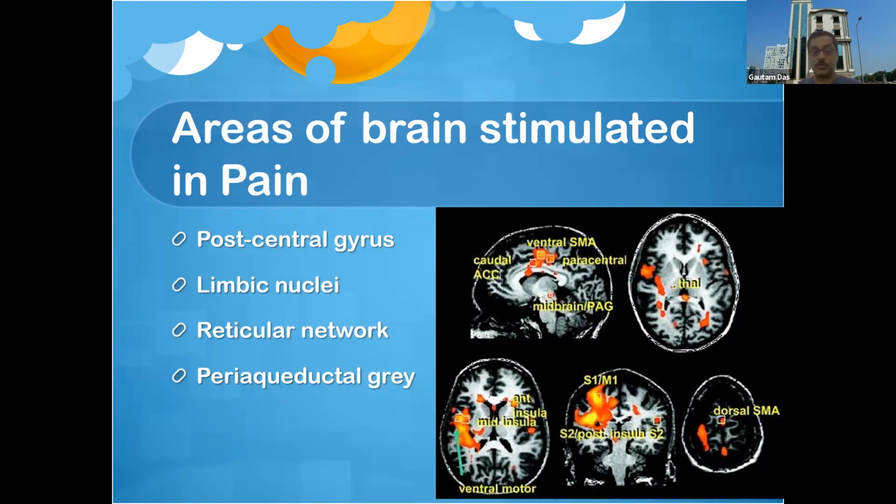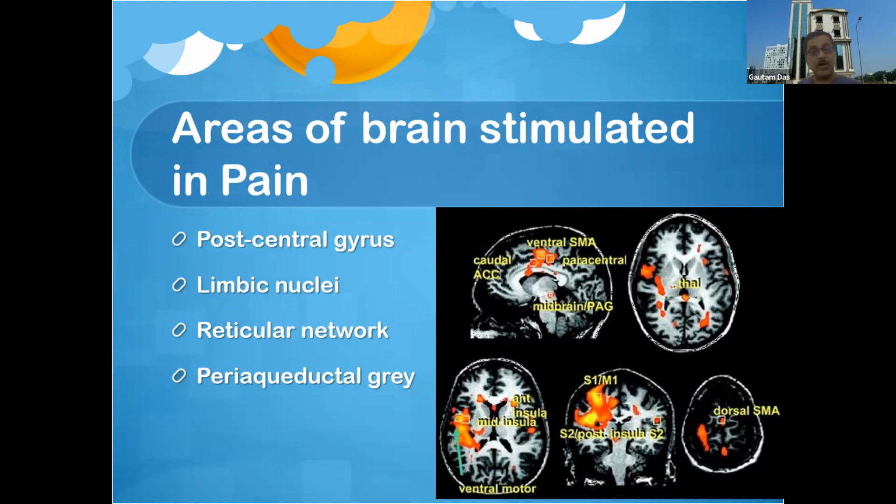But this is not the end of the story. There are two other important areas which are also receiving signals. One of them is the reticular formation. Just remember student life, hostel life: your roommate is sleeping, you call and still no response, so you pinch a little bit and the person wakes up. It is also seen in the post-operative ward: a patient cannot sleep unless you take care of the pain.